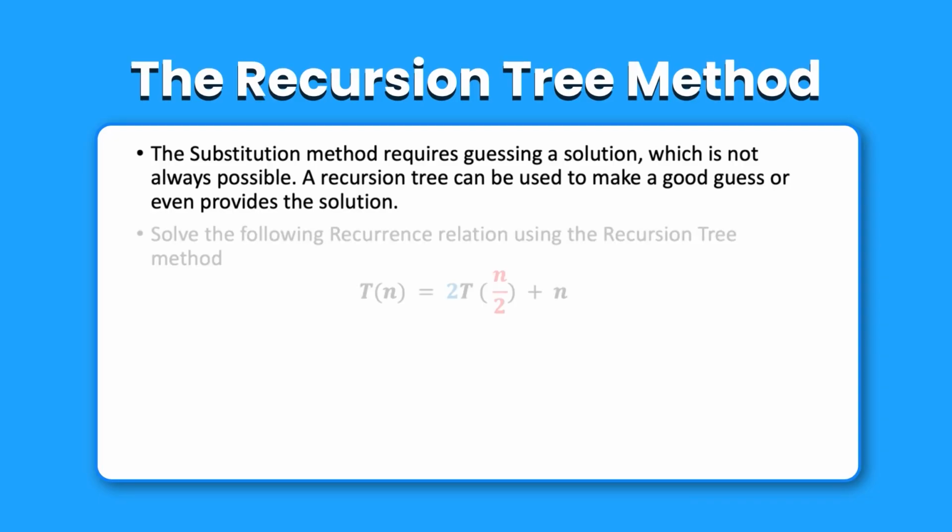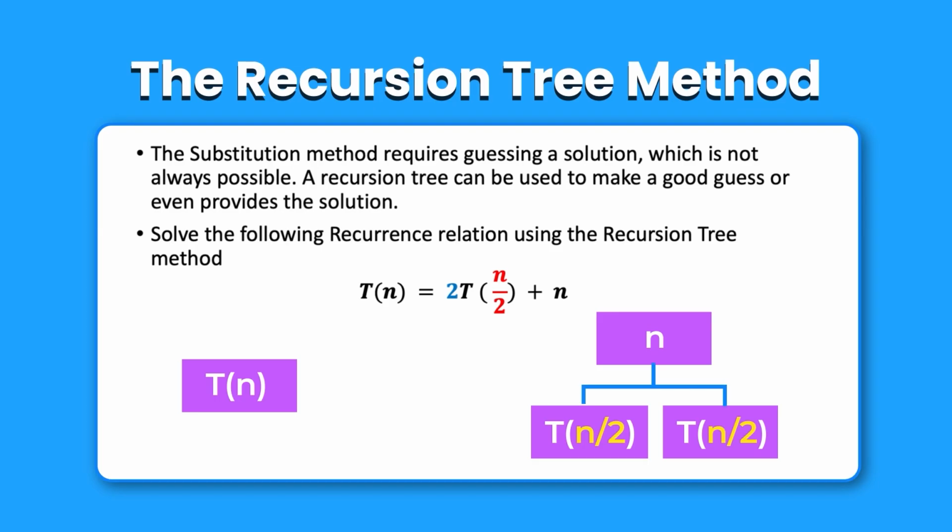Well, the objective is once again to solve the recurrence relation using this particular method, and we are assuming the same recurrence relation which we solved for the substitution method, that is Tn equals 2T(n by 2) plus n. So if I am saying Tn, how am I going to represent this? I am requiring n steps.